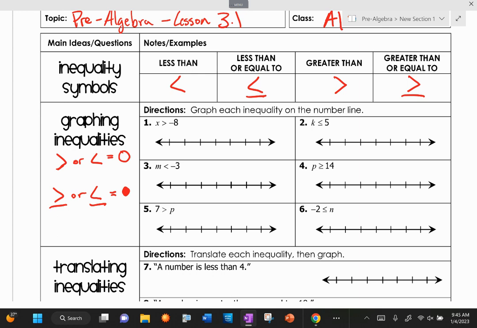So let's look at number one. We have x is greater than -8. Where is our point going to go on number one? Where are all the numbers on our number line? There aren't any. That means you can just make your own. So I'm going to put -8 right here, right in the middle. Is it going to be an open point or a closed point? It'll be open. So I'm going to open it.